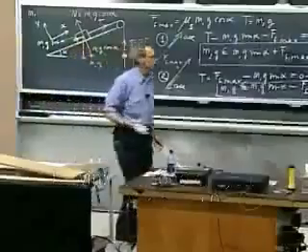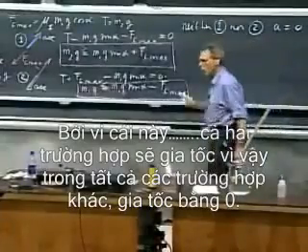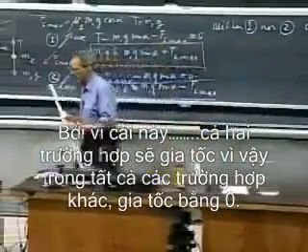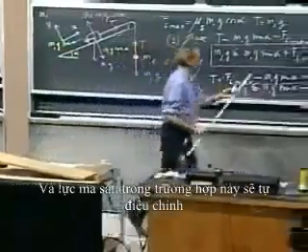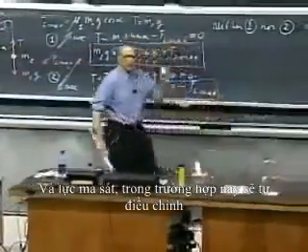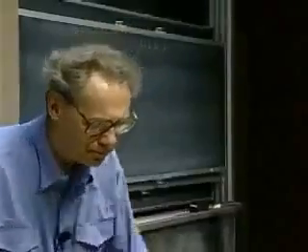A is 0, because in both cases it is going to accelerate. So in all other cases, the acceleration equals 0. And the frictional force in this case will adjust itself just the right way so that Newton's second law in the x direction will give you for the force a 0.